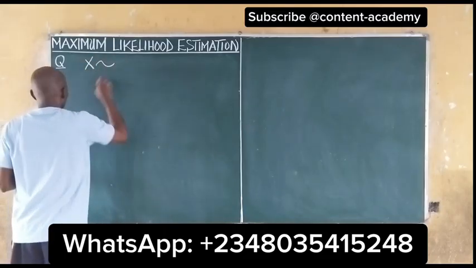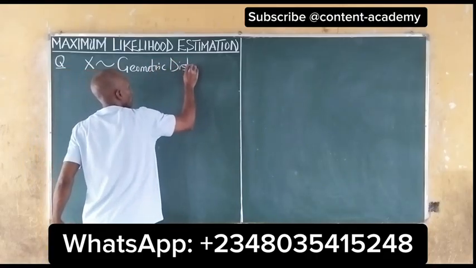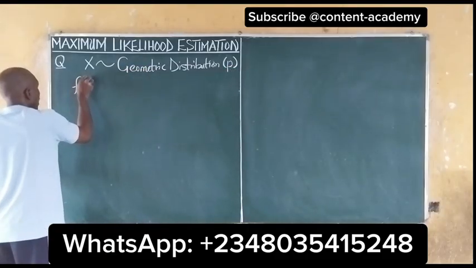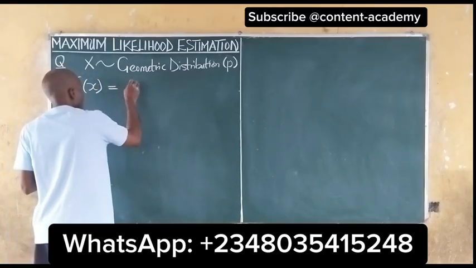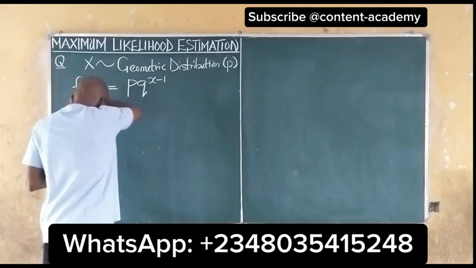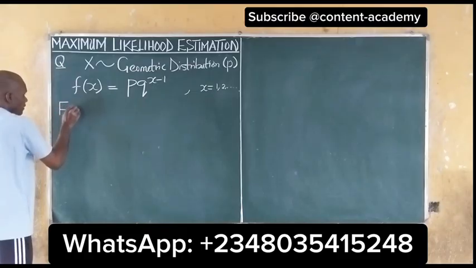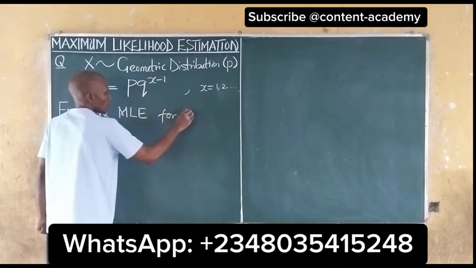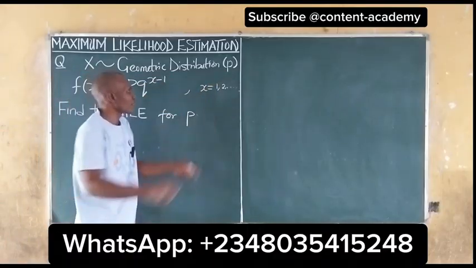So if x follows a geometric distribution with p parameter, and we have the PDF to be this, that is as x running from 1 to infinity, we have to find the maximum likelihood estimator for p. x follows a geometric distribution with p parameter. The parameter given is p.